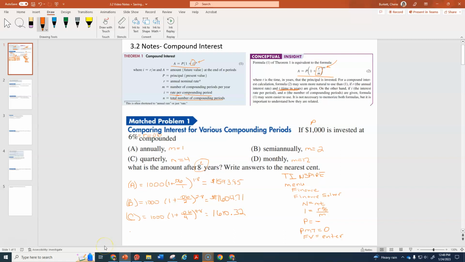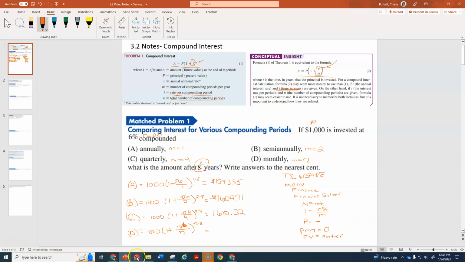$1,610.32, and then the last one is $1,000 times 1 plus 6% divided by monthly, so that's a 6 right there, 6% divided by 12, and then we're going to do it monthly for 8 years.